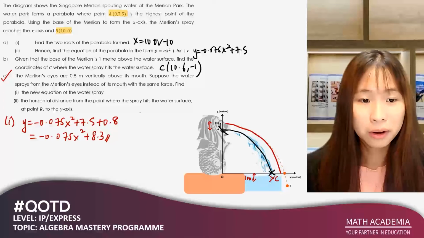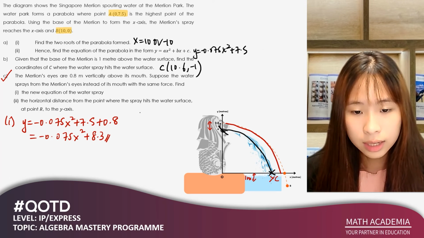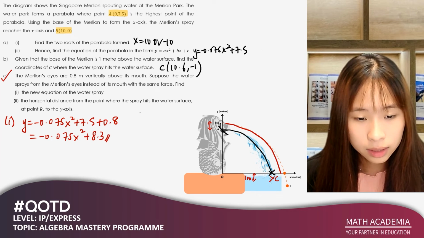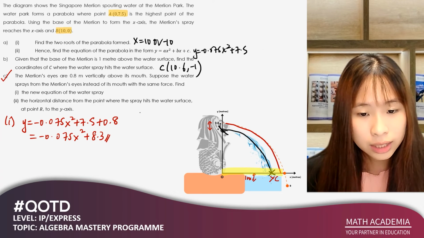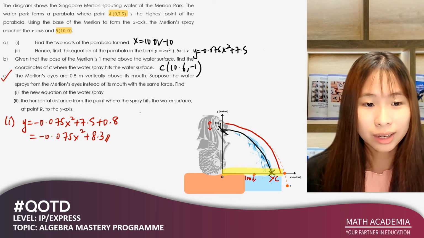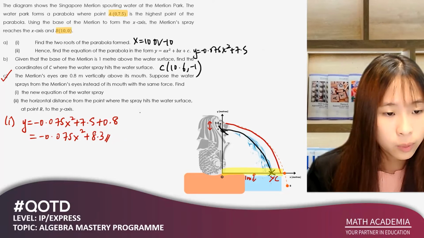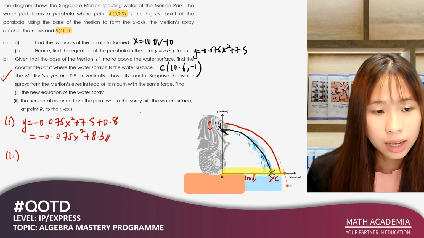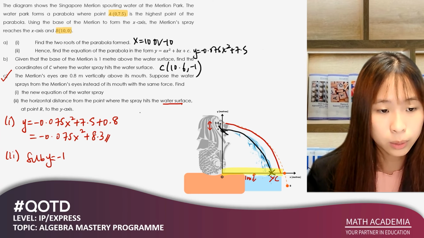The question is asking me to find the horizontal distance from the point where the spray hits the water surface, which is the value of the x coordinate. So in order to find the x coordinate where it hits the water surface, I need to sub the value of y equals negative 1 into the equation.